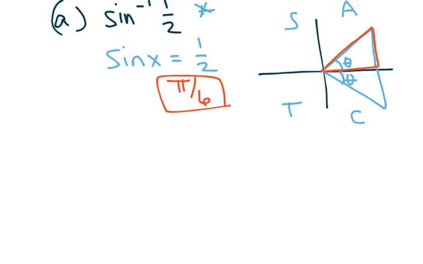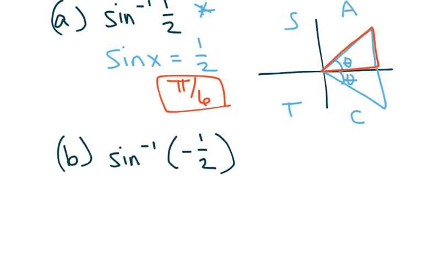Let's do this again. How about the inverse sine of -1/2? All right, we have a restriction. The restriction is that the answer has to be between pi over 2 and negative pi over 2. That means that the answer is either in quadrant 1 or in quadrant 4.